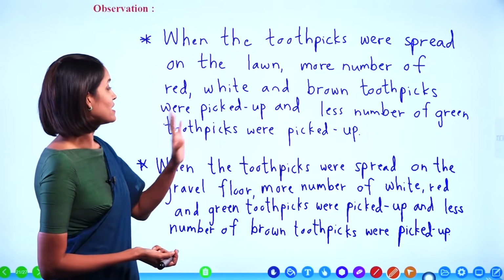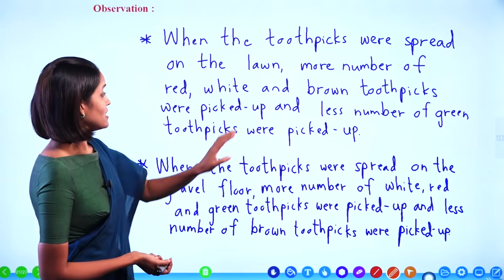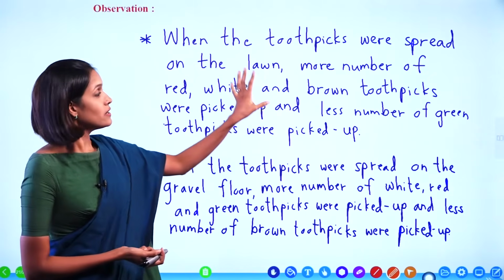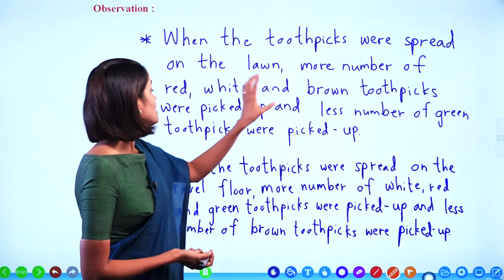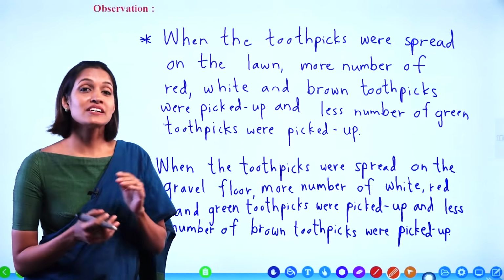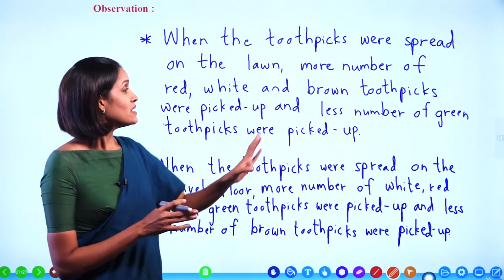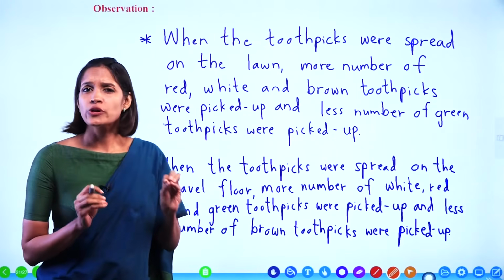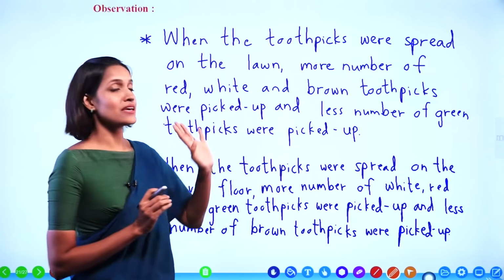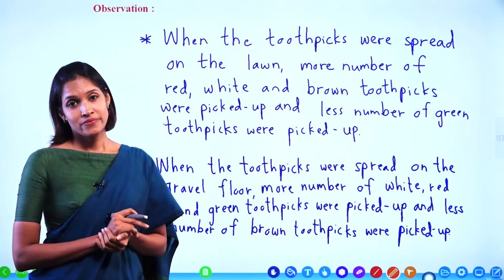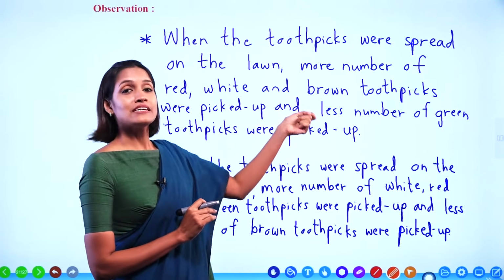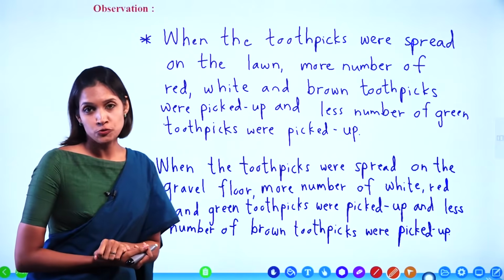The reason behind this is, when all these toothpicks are present on the lawn, what happens? The green colored toothpicks blend with the environment color. Because the color of the grass is also green, you can't spot the green colored toothpicks at once. But all the other three colors can be spotted nicely. Right? Therefore, you get a little delay to pick these green color toothpicks.